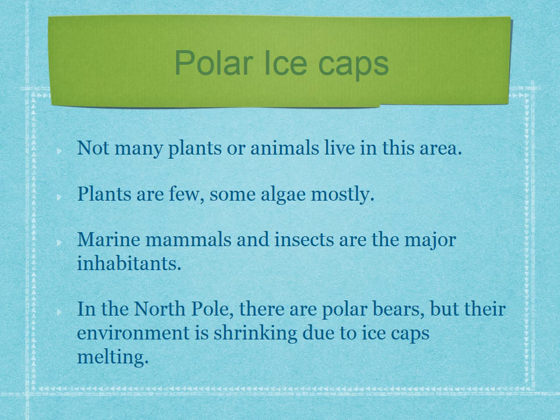So in the North Pole, we see there's going to be polar bears. But we have talked about in class how their environment is shrinking due to the ice caps melting. So with the ice caps melting, they're getting less area to live, and they're also starting to thrive in population. So that combination right there is not good. It means there's more being born with less room to work, and that's not good for the polar bears.